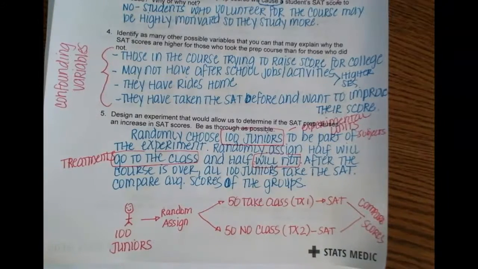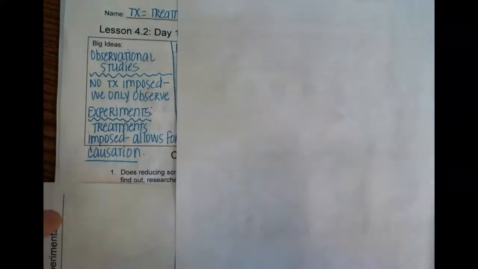All right, let's do some summary on the back. All right, so I have 2 things that I'm going to tell you. The first one is this narrower section, and then we'll use the whole rest of the box for the other part of it. So we have our observational studies, and remember, an observational study means that there's no treatment imposed. You only observe and report. Okay, that's compared to your experiments. So with an experiment, there's a treatment imposed, and what's good about experiments is it allows for causation.